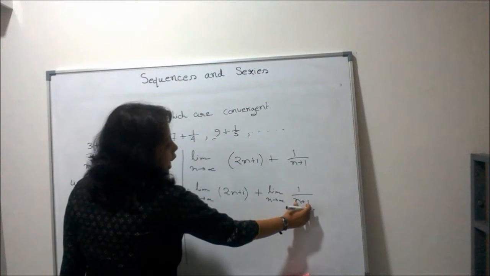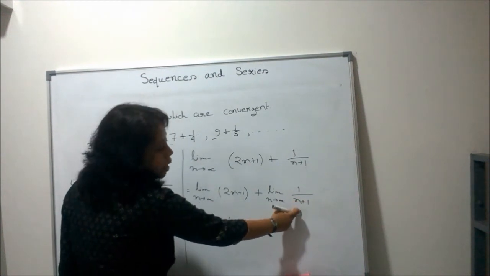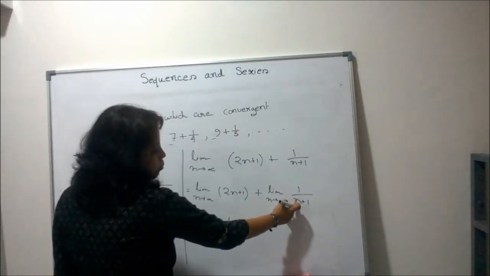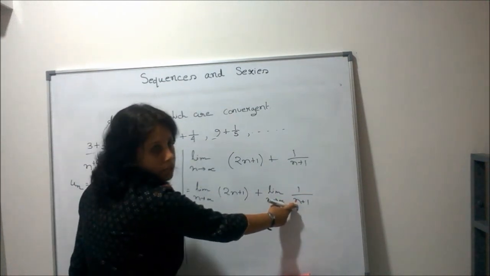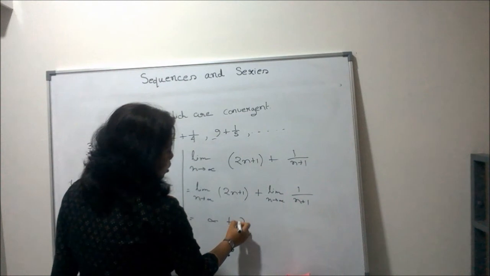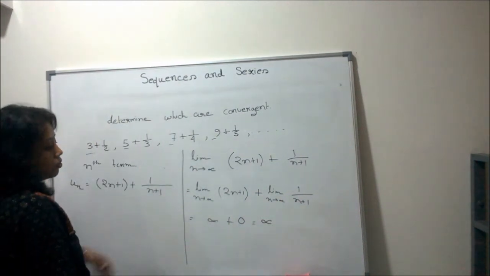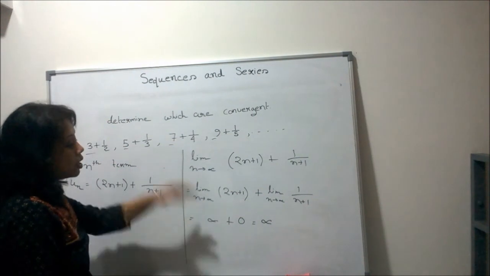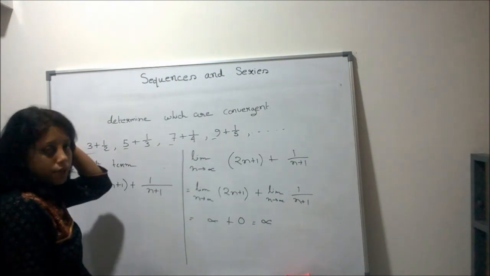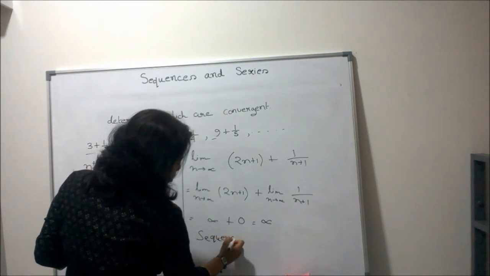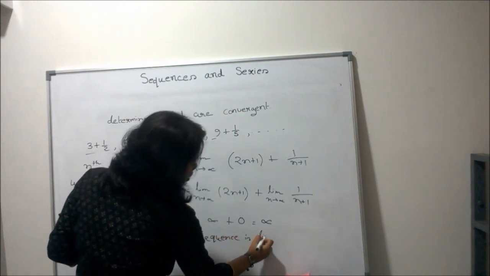And as it is in the denominator part, we know 1 by n is 0. Here in place of n there is n plus 1, so it is also 0. So the result is infinity. So what we will tell from here is the sequence is divergent.